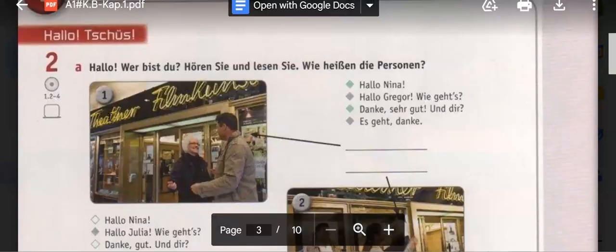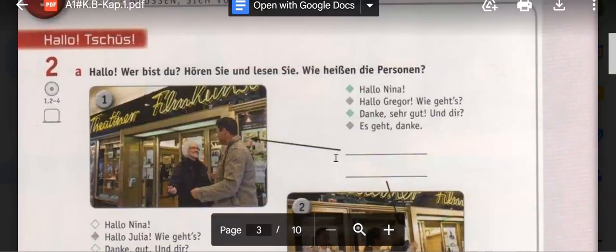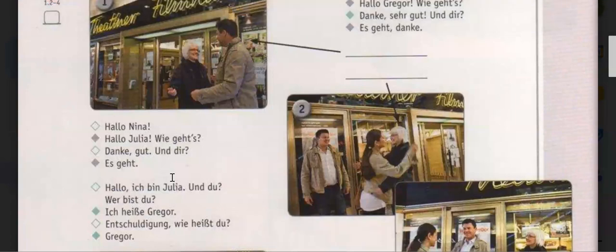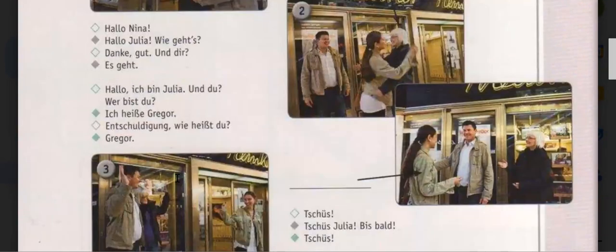So as I mentioned earlier, I'm only covering the conversational part of this chapter. Wherever you see this sign, this means there's an audio available for this, or there's a conversation. So I'm only covering the conversational part of this very first chapter.